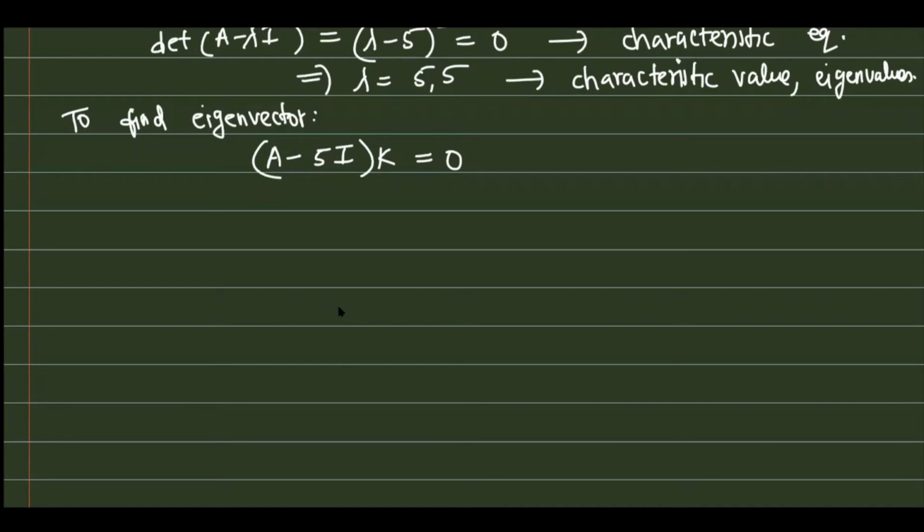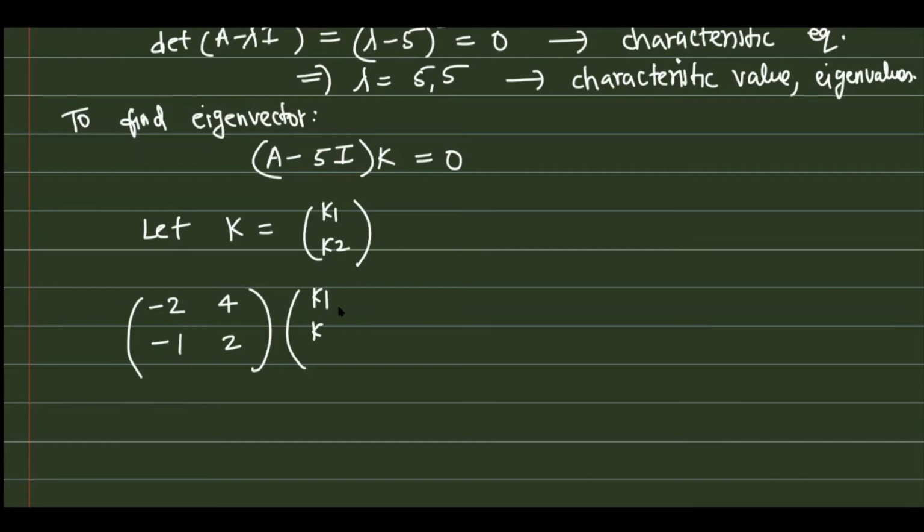Since we are dealing with a 2 by 2 matrix, we will take k to be [k1, k2]. Now A minus 5I gives [3 minus 5, 4; minus 1, 7 minus 5], so [minus 2, 4; minus 1, 2] times [k1, k2] equals [0, 0]. We have to find k1, k2. This is our eigenvector.